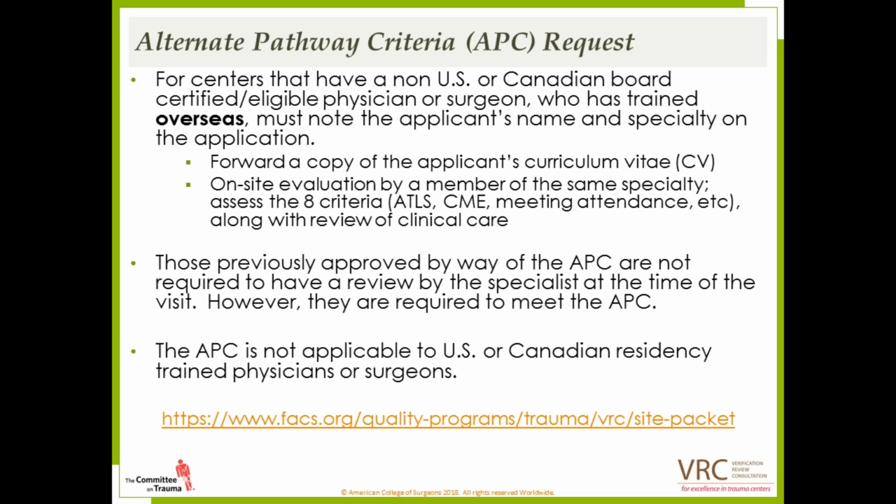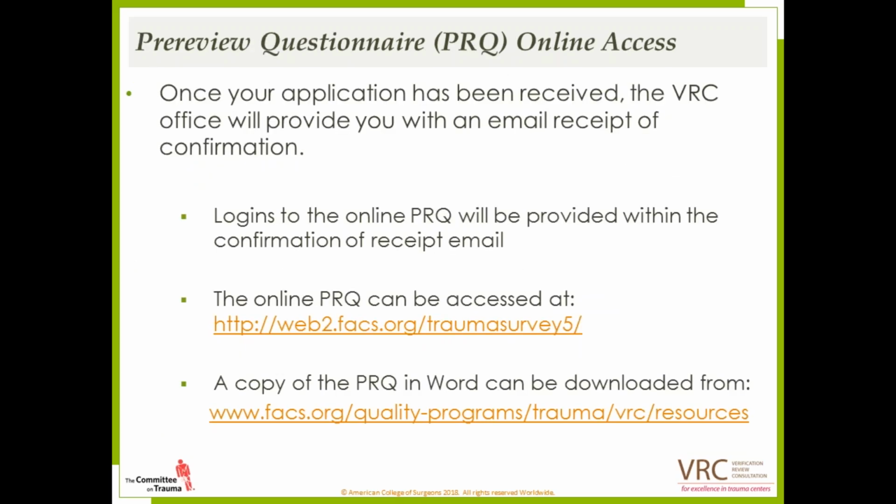So just take into consideration there is a time lag on that, and securing a reviewer to do an on-site visit is just as challenging as getting the 2 trauma surgeons on a team. For a copy of the list of the criteria, you can go on our website, as you see here, and it will go into detail about the criteria needed for the alternate pathway.